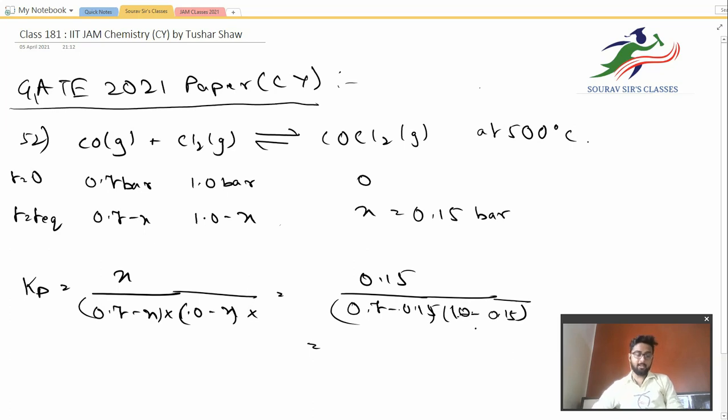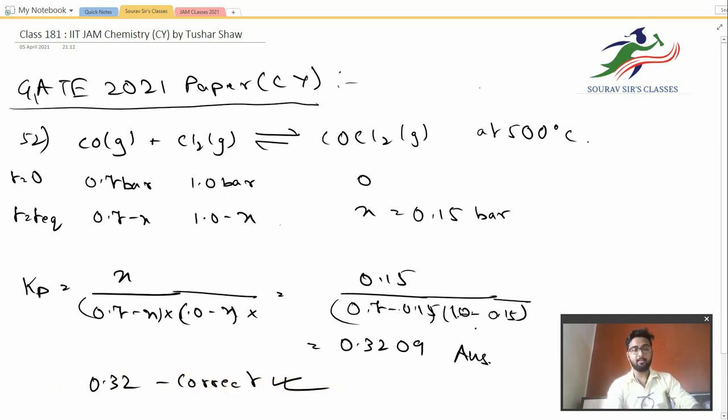This value comes out to be 0.3209. Now in the question you can see that you have to round up the value to two decimal places. So this is obviously the correct answer, and in the chat box you will be writing 0.32 as your answer. This answer would be correct, 0.32.